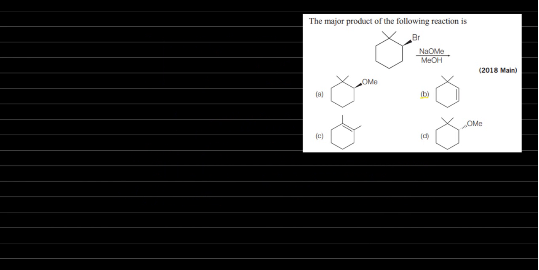2018 mains question. The major product of the following reaction is... See here, sodium methoxide is there. This is the ionic Na plus O methyl minus.